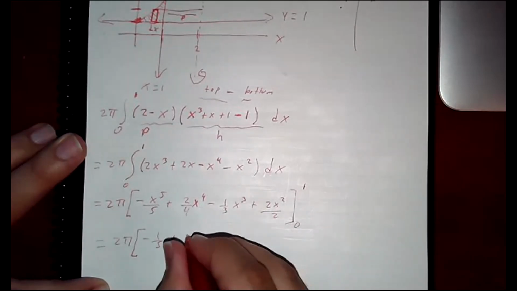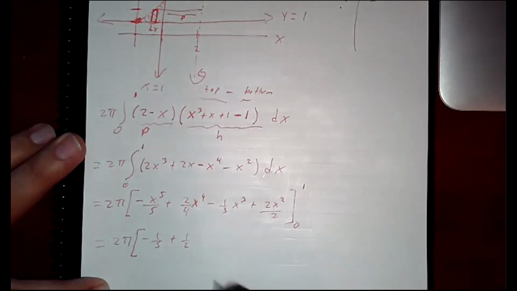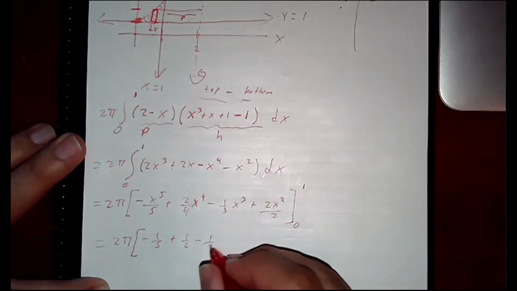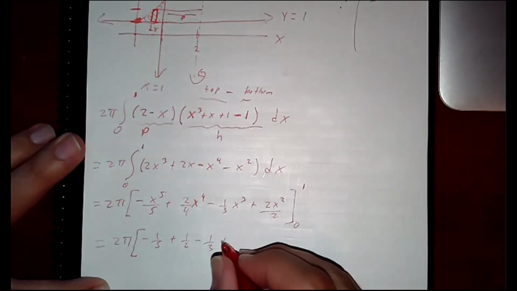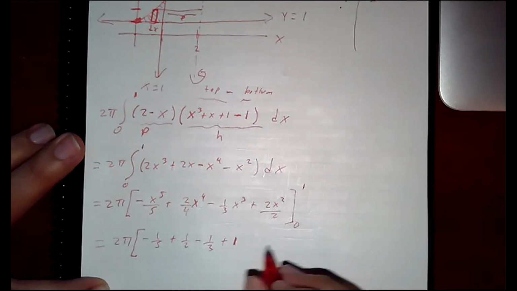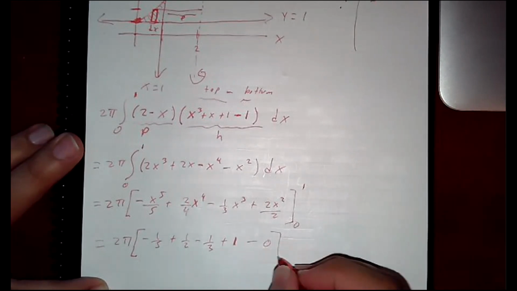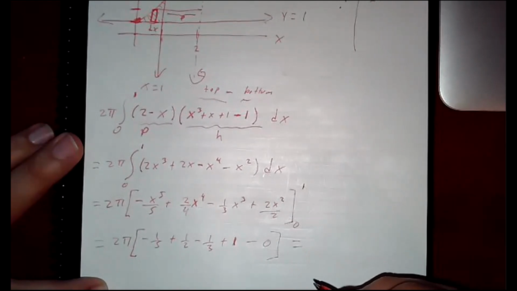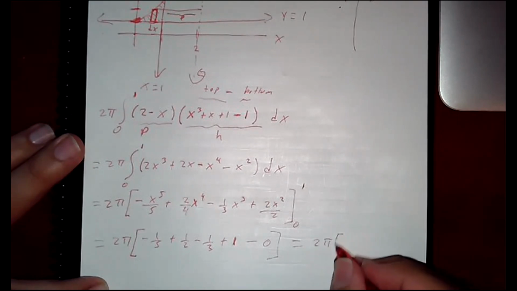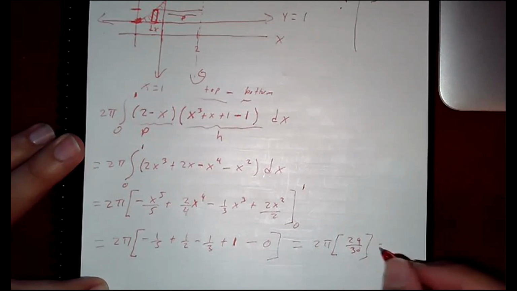So 1/2 minus 1/3 plus 1 minus 0. So that will be some funky number, 2 pi times 29/30, I think.